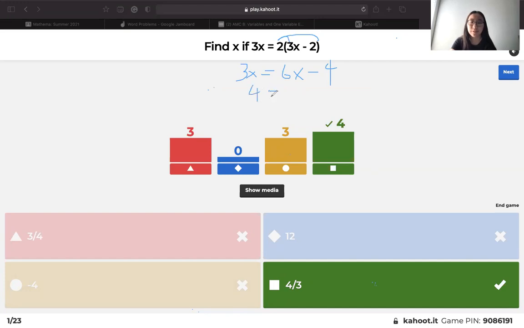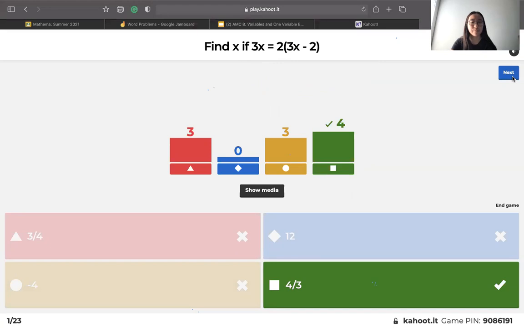That gets us 4 equals 3x. Now we divide both sides by 3, and we get 4/3 equals x. Okay, does anyone have any questions on that? Okay, let's continue onward.